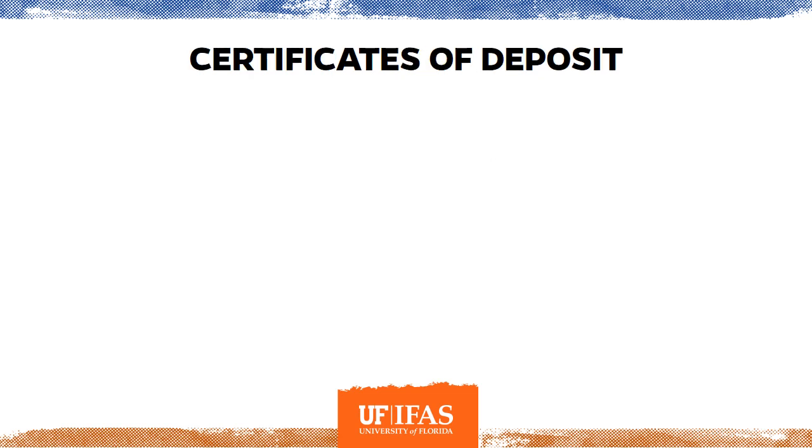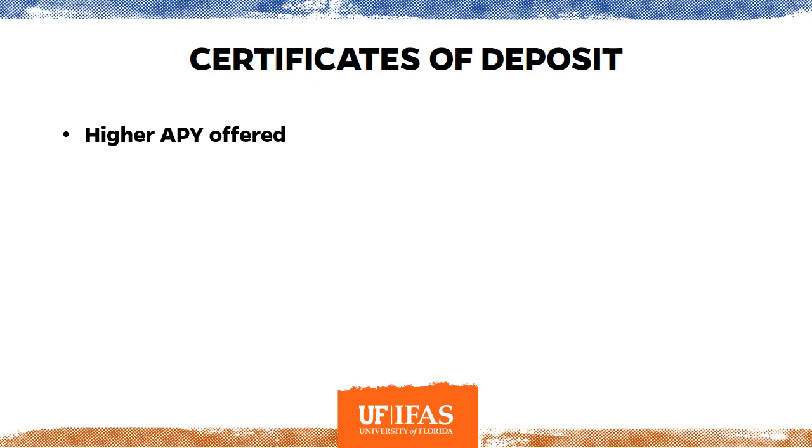Another low risk investing tool you might have heard of is a certificate of deposit, often called a CD. They can offer a higher annual percentage yield because by opting for a certificate of deposit, you're telling the bank that you're allowing them to hold this much money for this certain period of time.